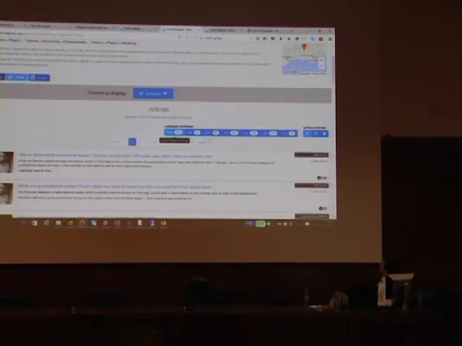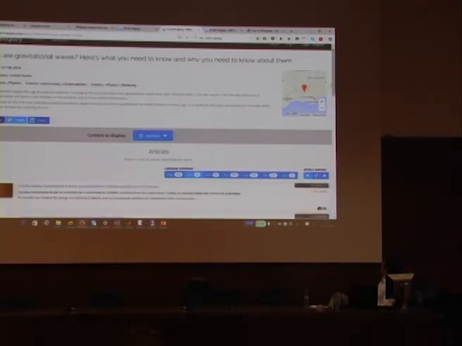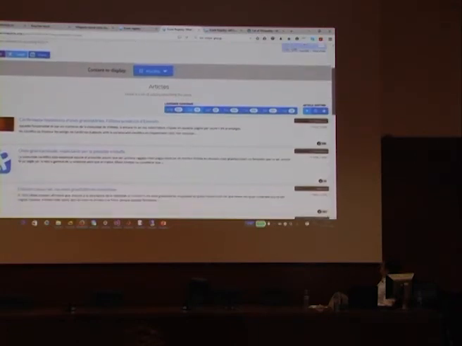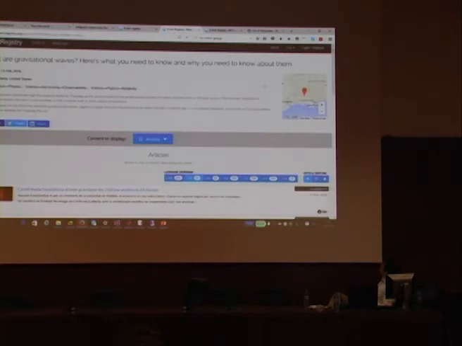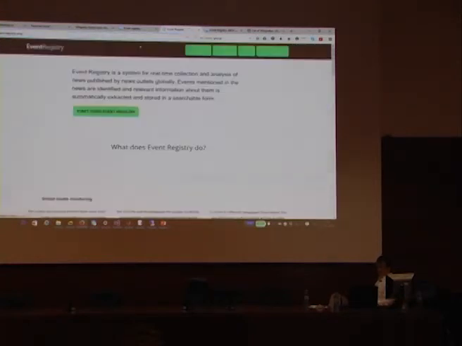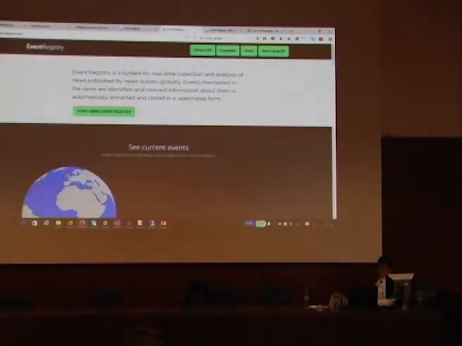Most of them are in English, but we also have some Catalan articles, Catalan news sources, and we also detect that. So if we go to the main page, we can see the system as it is working.